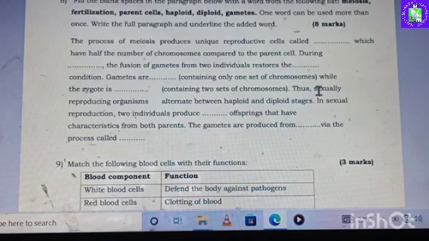Thus, sexually reproducing organisms alternate between haploid and diploid stages. In sexual reproduction, two individuals produce offspring that have characteristics from both parents.